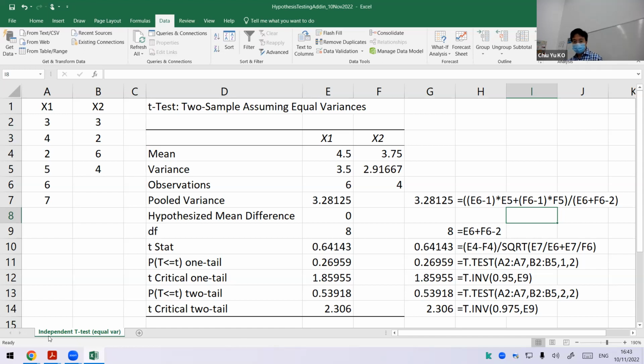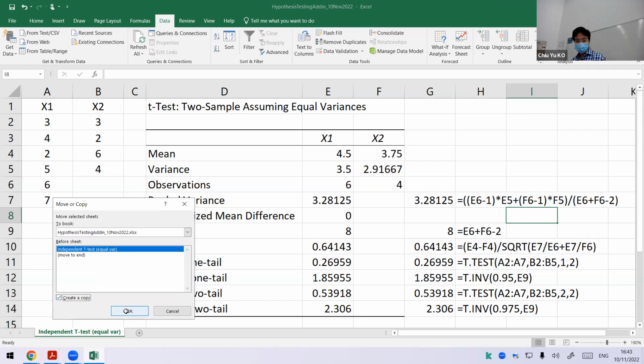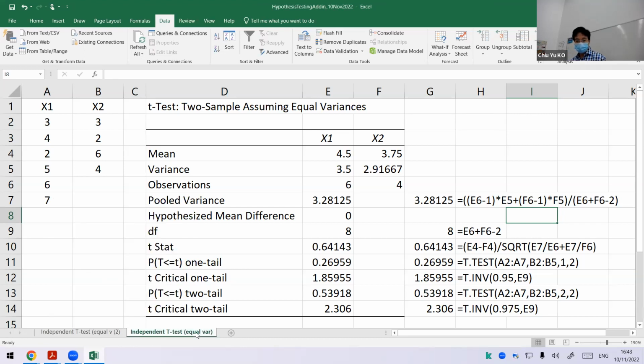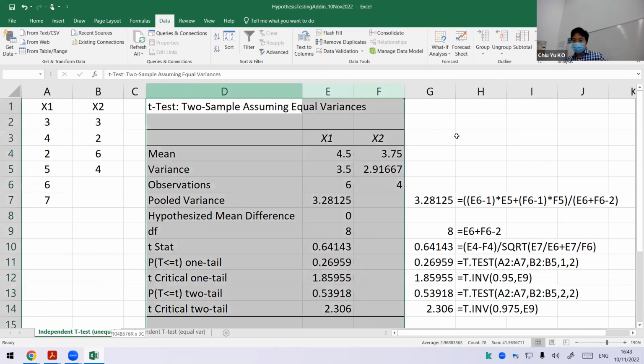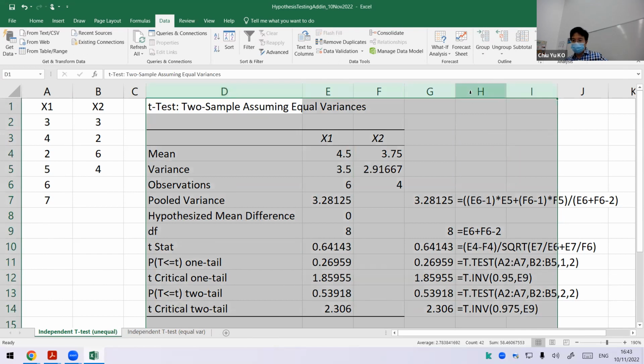Okay. So I also want to show you the other one, which is the unequal variance. The unequal variance comes from the same idea, but everything is calculated differently.